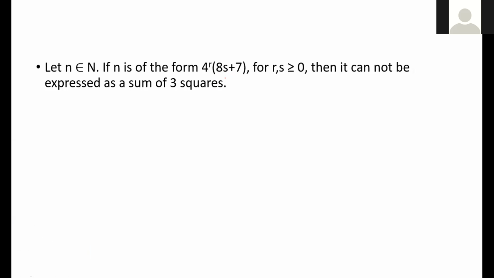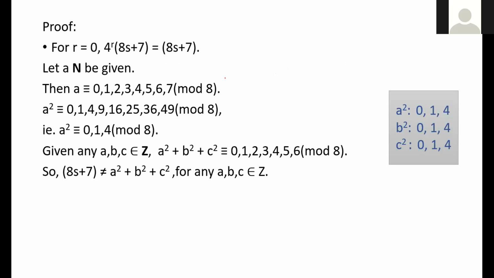For the second part, we look at the case where r is greater than 0 and proceed by the method of contradiction, using the first case to prove it. Just giving a rough idea here. Let's try to prove this.